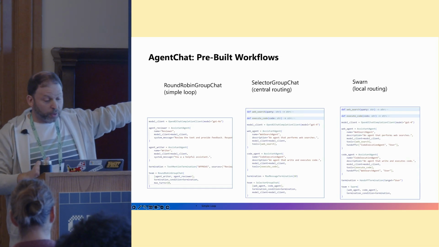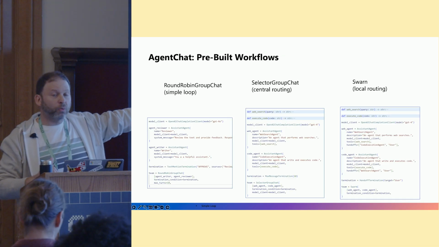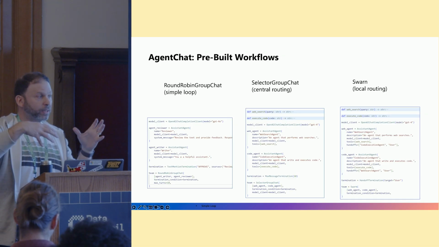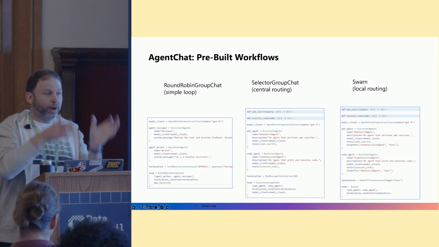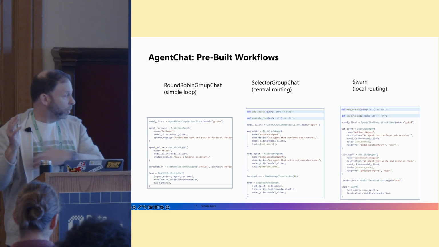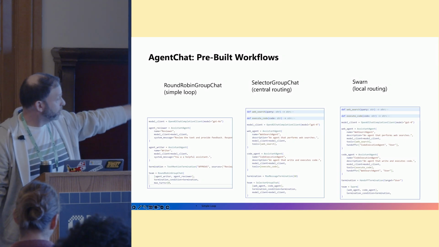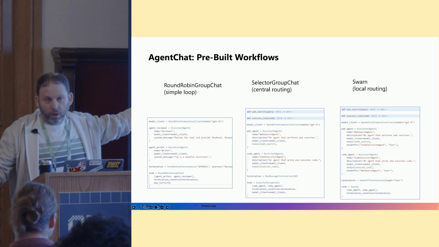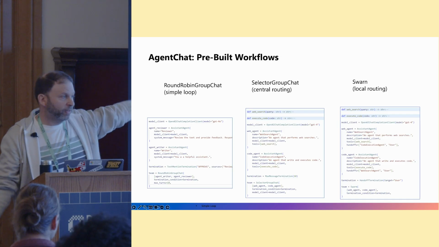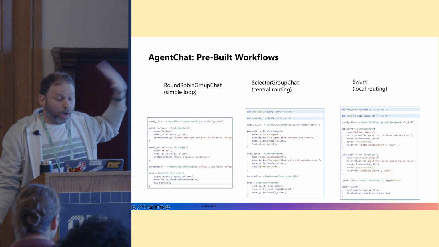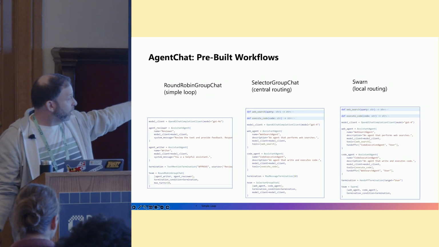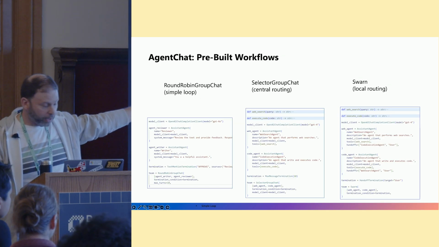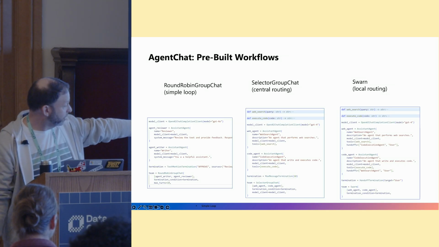And then the last one is called swarm with local routing. And all that means is that every agent decides locally where they're going to route the next call to. But as you can see, you basically specify the models, and we have built-in connectivity to all kinds of models, and you can specify those in your setup file. So whatever LLM you're going to use, you create your client, and then you define the web agent over here, and then the code agent, but then the team here.